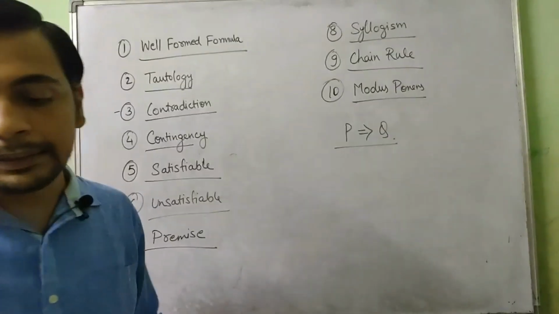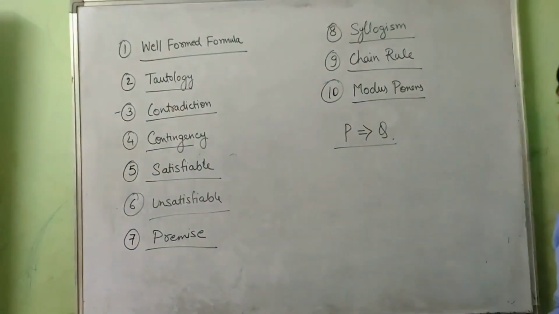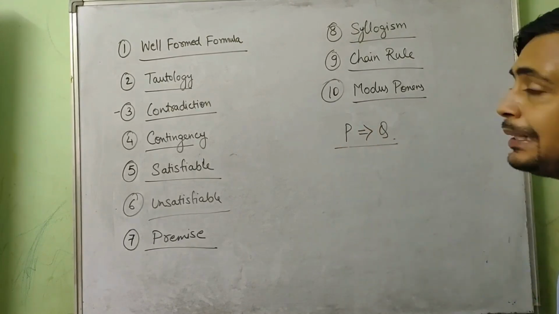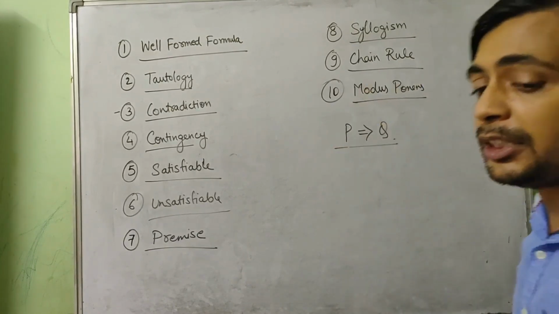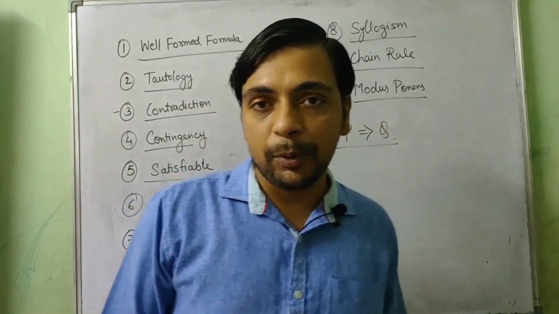We know in a conditional statement one is the antecedent and one is the consequent. Here P is the antecedent and Q is the consequent. For modus ponens, if the antecedent is true, then the consequent has to be true. So all the valid conditional statements are modus ponens.